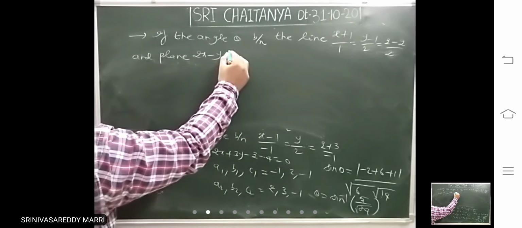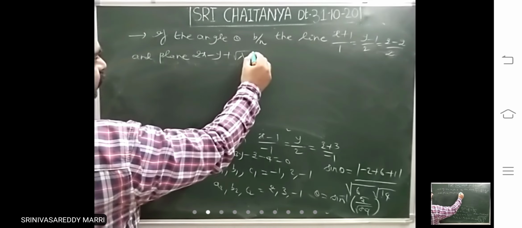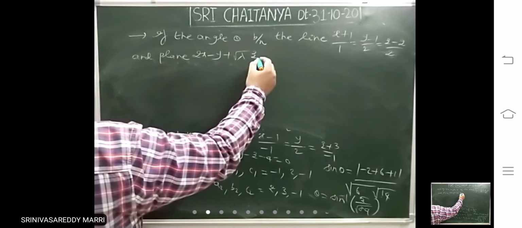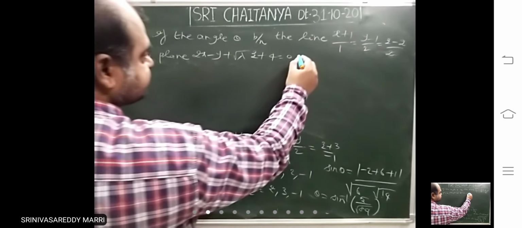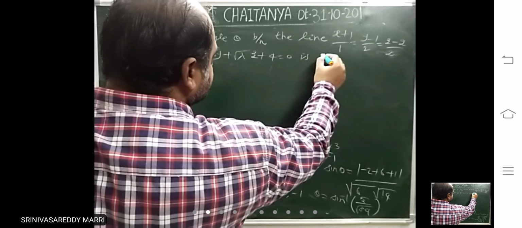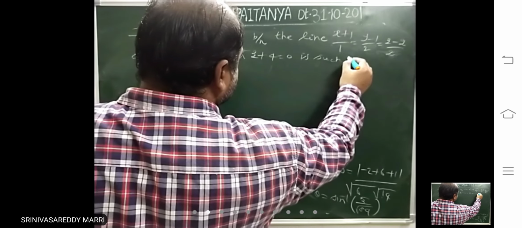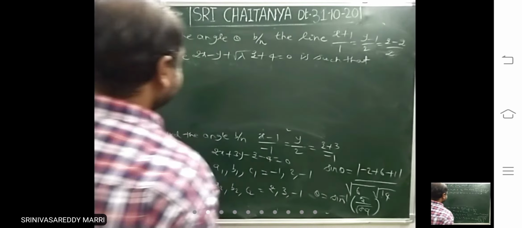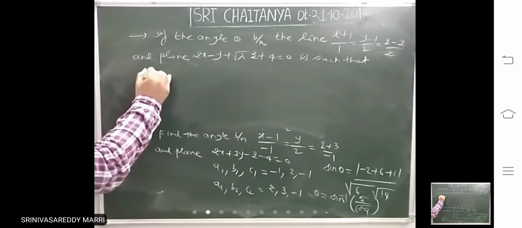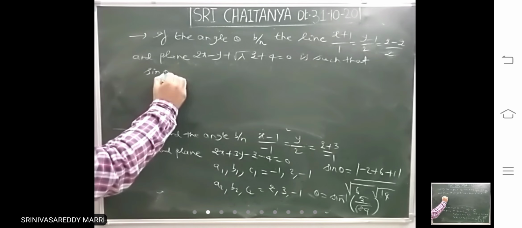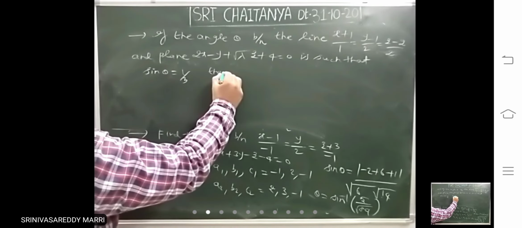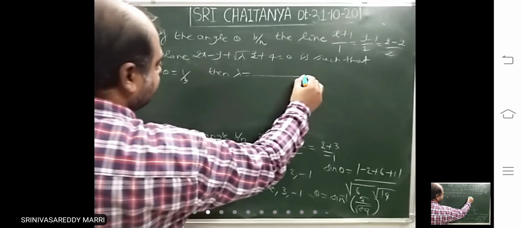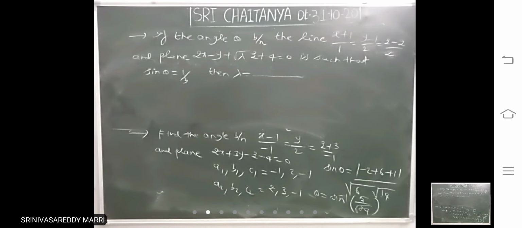2x minus y plus root lambda z is such that sine theta equal to 1 by 3, then indirectly he will ask lambda equal to dash.